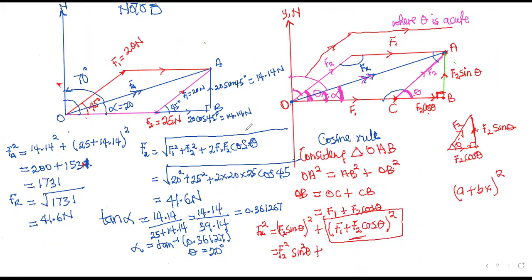So that's the direction thing. This is when the angle is acute. I'll introduce you to how to go about it when the angle is obtuse. And we have another method of determining the direction, which is known as the sine rule. I'll introduce you to the sine rule, and from there we'll solve questions as usual.